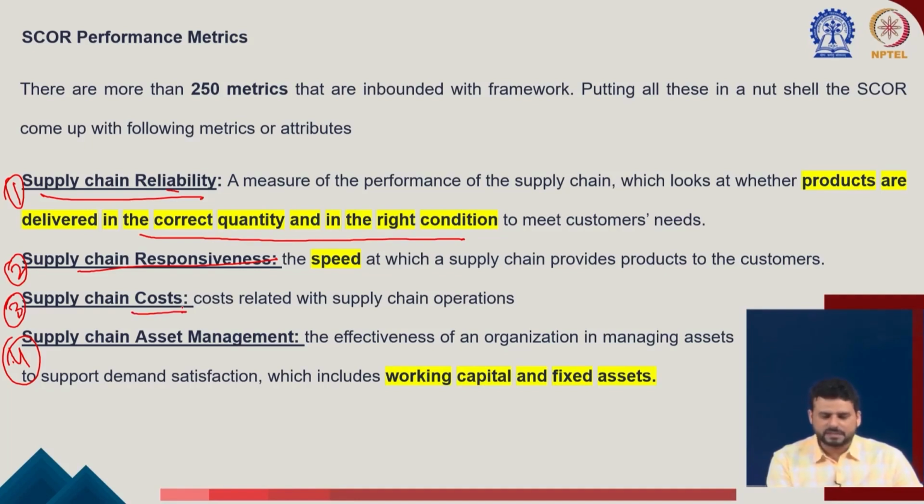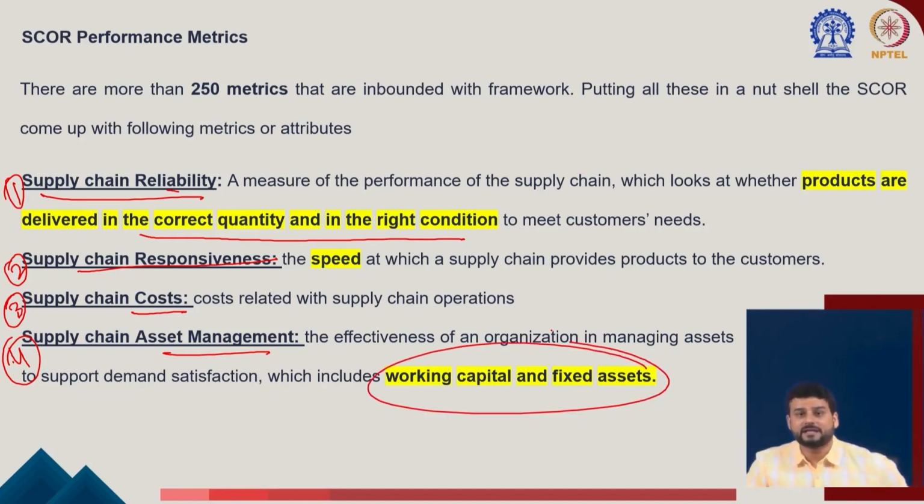Then supply chain cost, this will be minimized only when you are maintaining efficiency throughout the network of delivering the product from the starting supplies to the end customer. And asset management, how you are managing your working capital. If you are investing too much in keeping inventory, that means you are not efficient in managing your working capital.